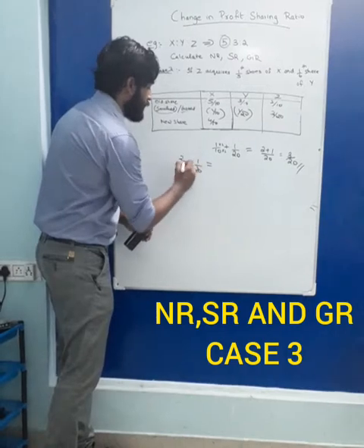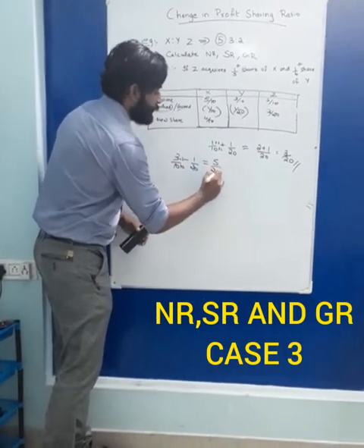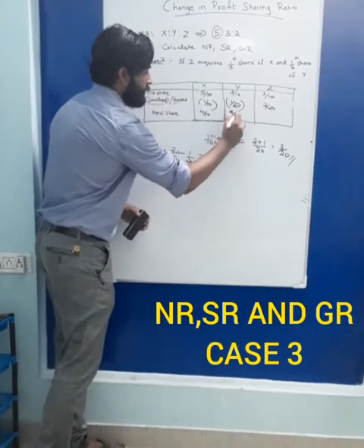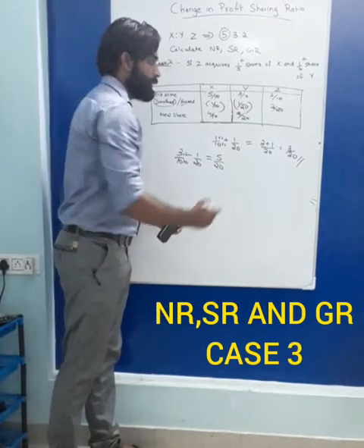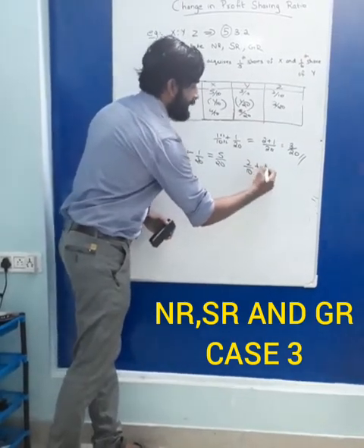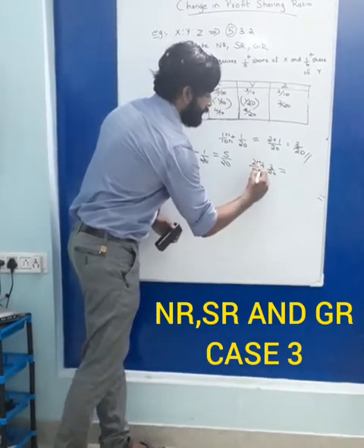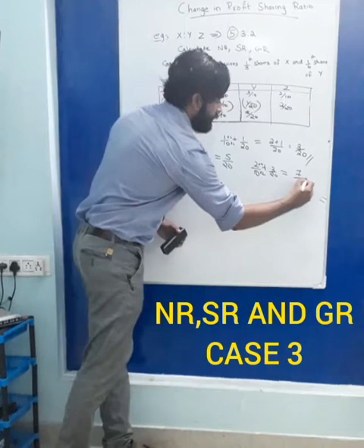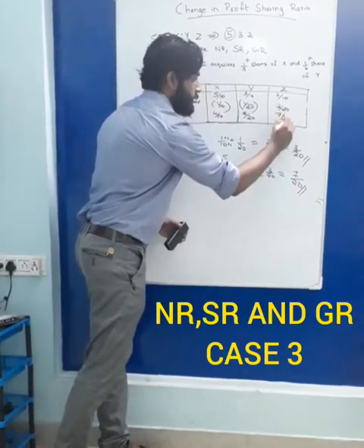That means his new share is 5 by 20. And in the case of Z, earlier had 2 by 10 plus he gained 3 by 20. Now he will get 7 by 20. His new share is 7 by 20.